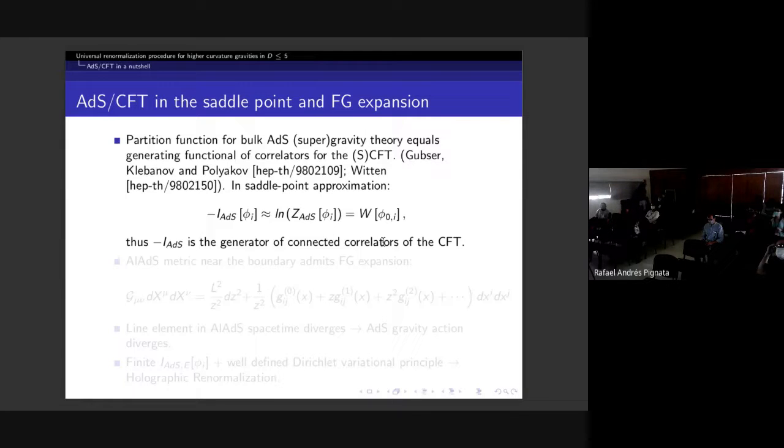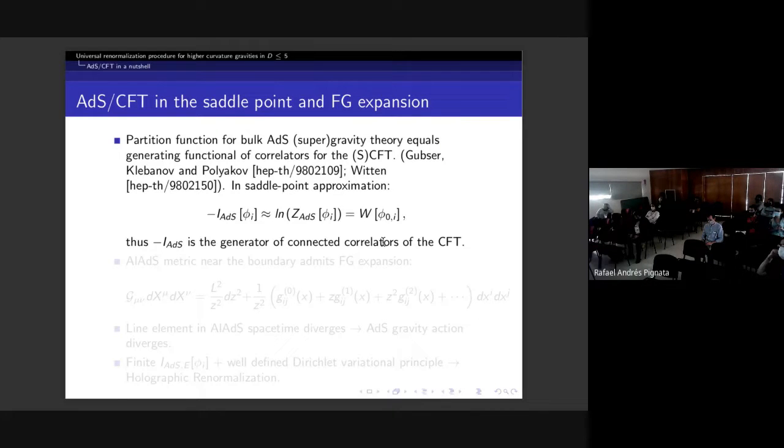Let me briefly summarize what the point is of the AdS-CFT correspondence. If I had to summarize this in one slide, the idea would be the following: for gravitational theories on an anti-de Sitter background, that means with a negative cosmological constant, the gravitational action computes the generating function for correlation functions of a field theory. In this interpretation, the boundary values of the bulk fields are taken as the currents, the sources, of the field theory.